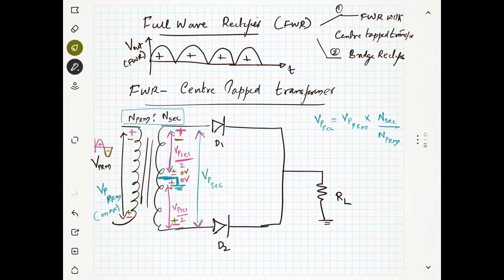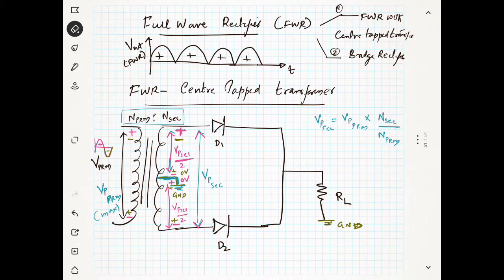Okay, so ground point is 0 volt. This is also a ground point, and this is also a ground point. That means they are connected. So if you are representing two grounds like this, that means they are connected actually. That's the meaning. I am not showing the physical connection here; it's connected already. It's understood.